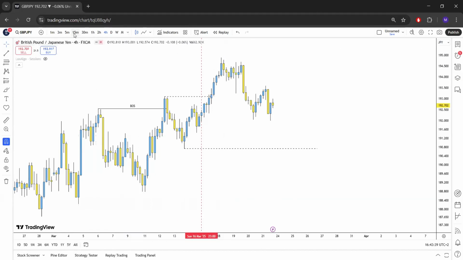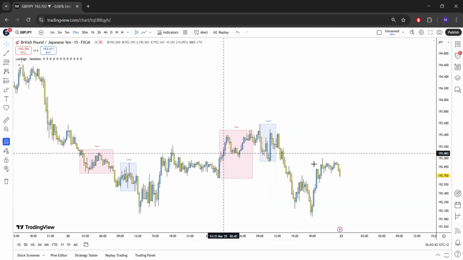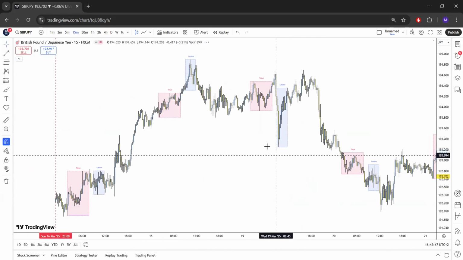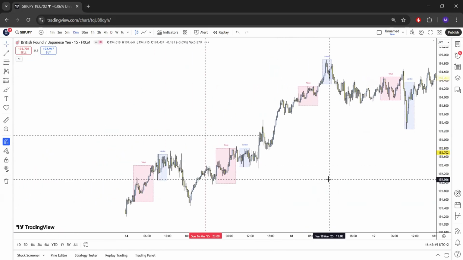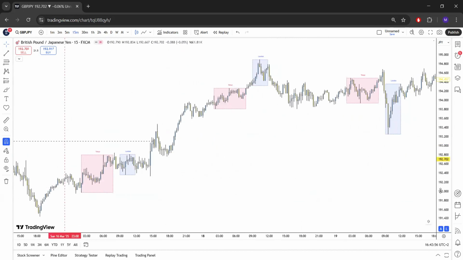So with that being said, let's jump down onto the 15-minute and let's mark our sessions, right? I like using the session indicator, just because to me it shows very clearly and easily when the Asian session is and when the London session is.